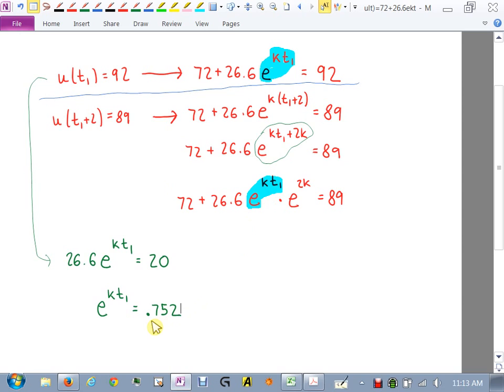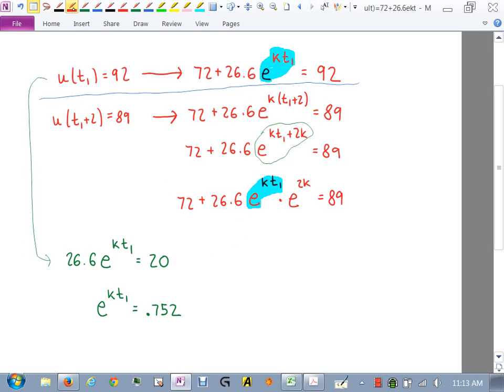You see that? And that's going to be a very nice thing, because if this is a number, look, this blue thing is a number. Everything else here in this equation is a number. Even the e, right, is a number, except the k. So I have an equation with just k in it, which is what I need to solve for k, isn't it? Just an equation with k in it. So I'm kind of eliminating the t1 here by doing this.